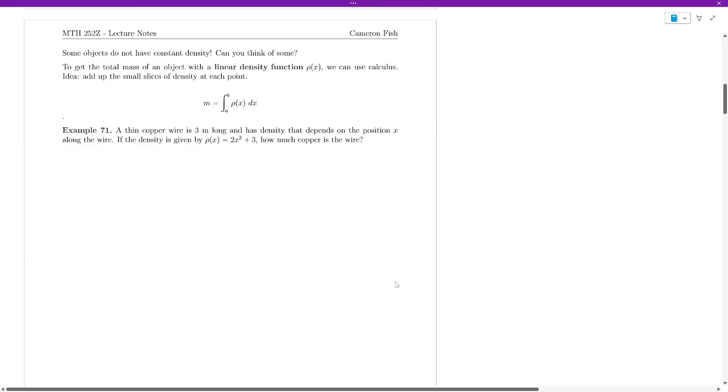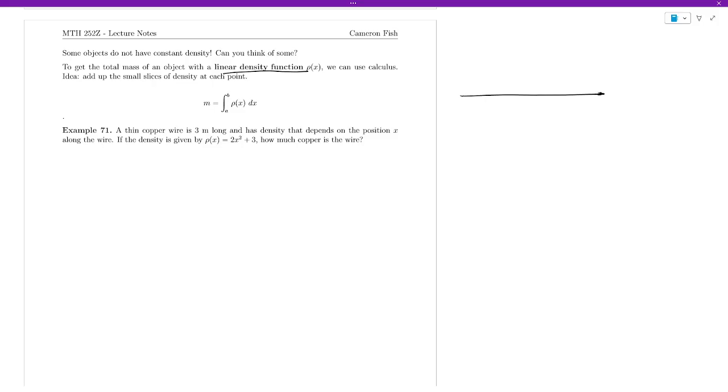So we might say an object has a linear density function, meaning that it has a density which changes as you move along it, like the wire, for example. At this x position it's more dense, but at this x position it's less dense. And maybe I know not just that it's more and less dense, but very specifically there's a function of how dense it is.